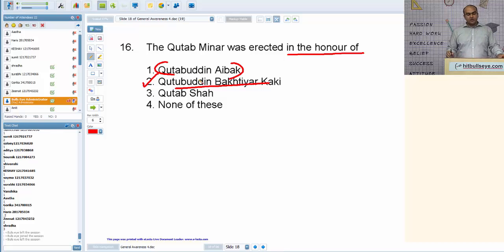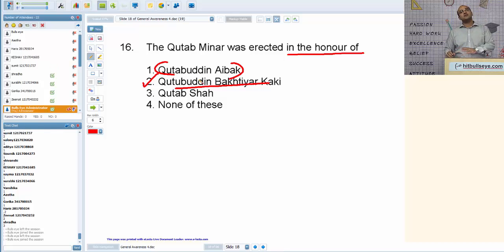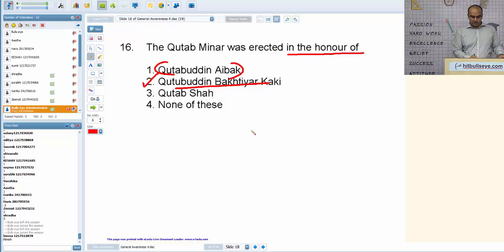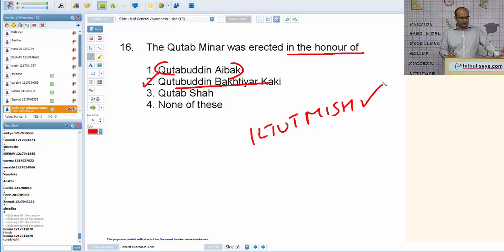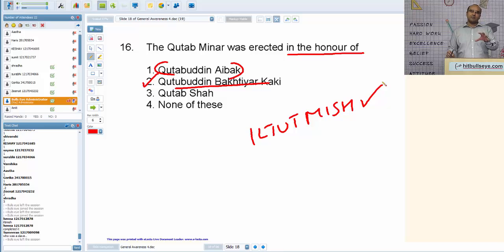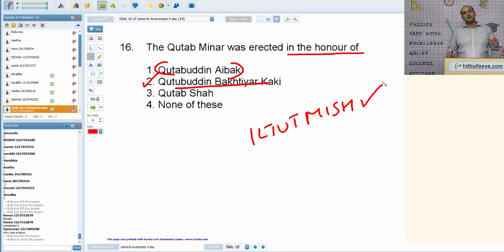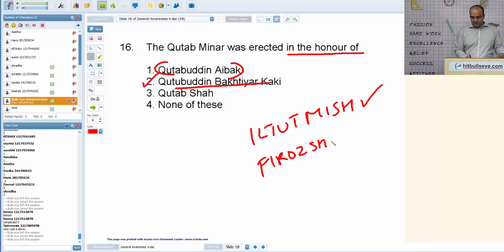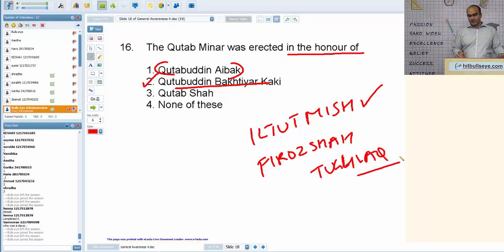He could not complete it. His successor, in fact his son-in-law, Iltutmish, completed the construction of Qutb Minar. Then lightning struck the Qutb Minar and a couple of its stories were destroyed. Another king later on, Firoz Shah Tughlaq, repaired Qutb Minar and added 3 more stories to it.